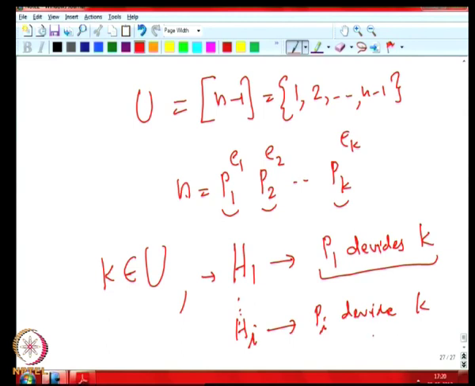Oh sorry, I goofed up, I should have taken a different name for the number, because I am using k for the number of prime numbers here. Maybe we will take m for the number: pi divides m. So we say h1 of m, h2 of m are the undesirable properties.